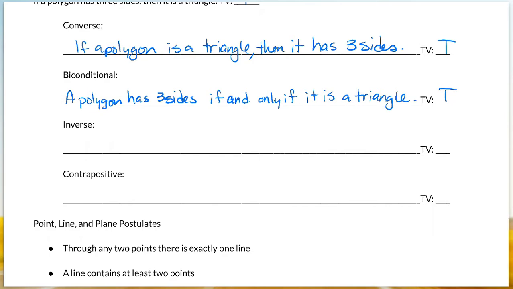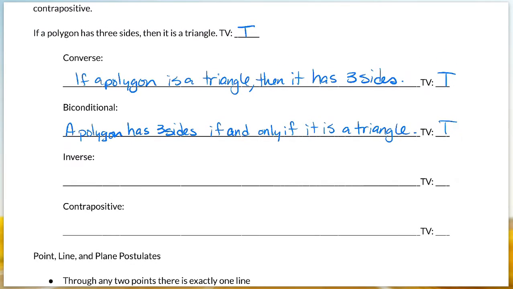Now for the inverse. So the inverse is taking the original order, a polygon has 3 sides, then it's a triangle, and we're negating it. So instead of the word has, we're going to say doesn't have or does not have, and instead of is, we're going to say is not in that conclusion part.